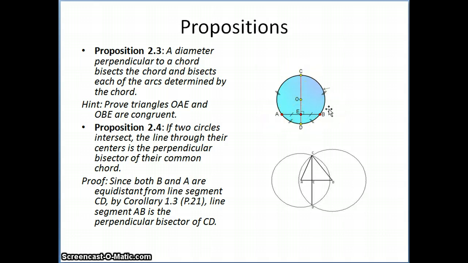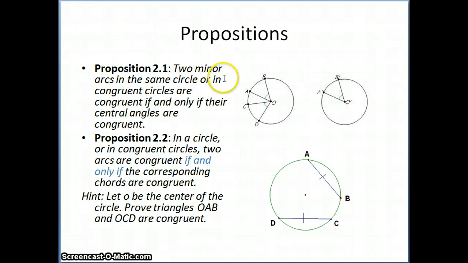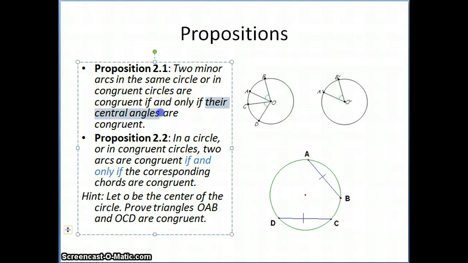And also by proposition 2.1 we proved before, we have to prove arc AD and arc BD are congruent. If we go to the last slide, when we want to prove two arcs are congruent, there are two propositions. We can either prove their central angles are congruent, or we can prove their corresponding chords are congruent.